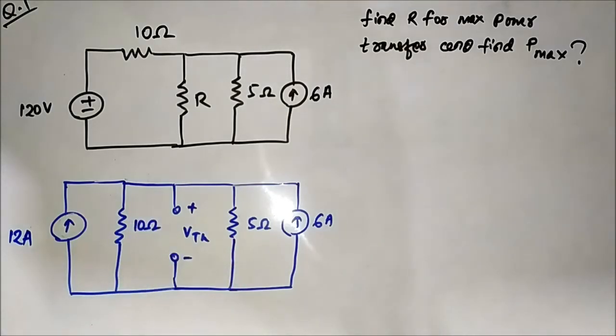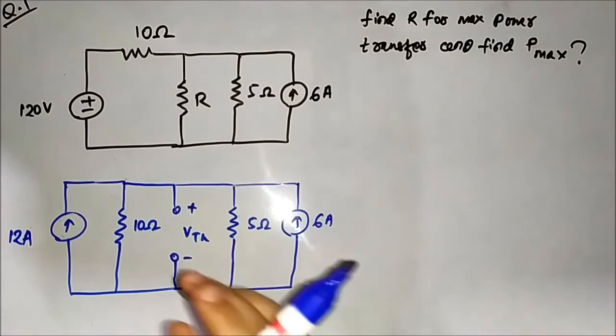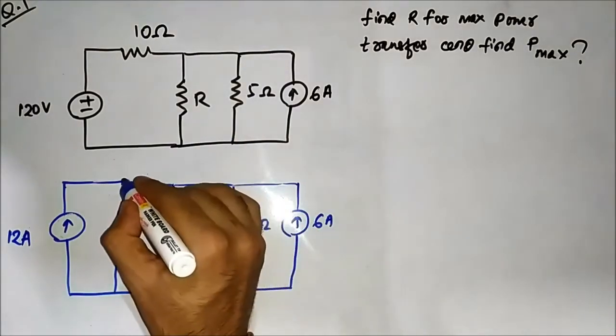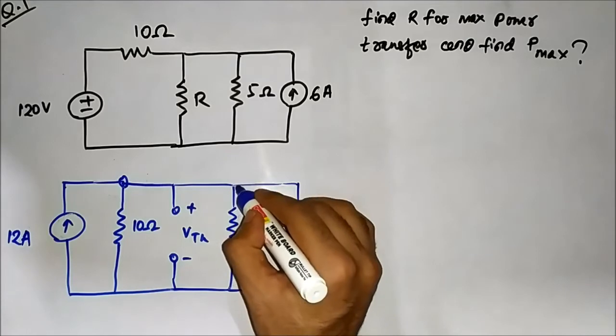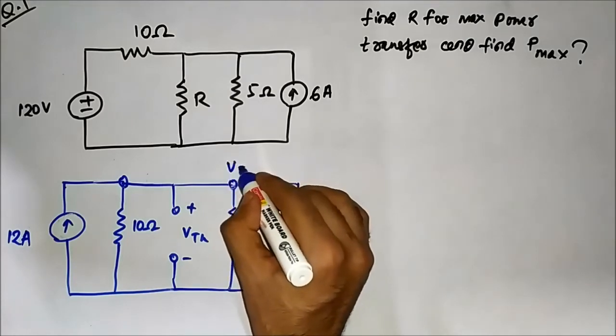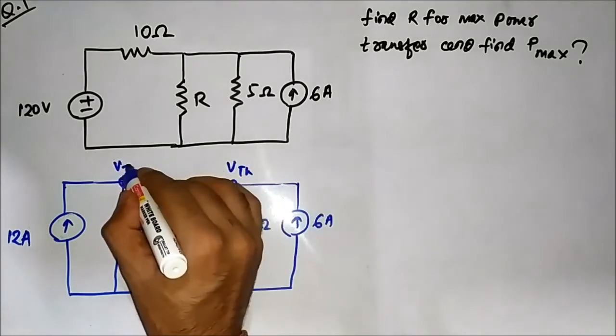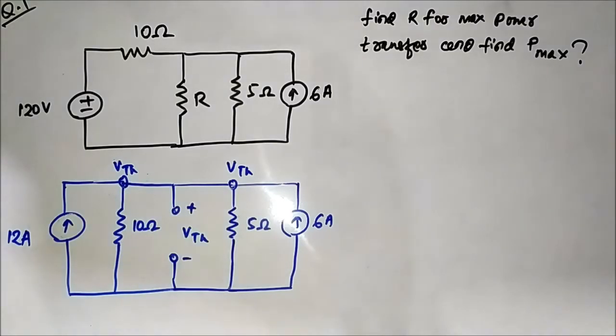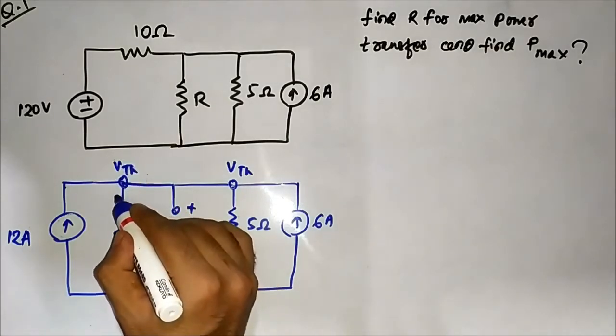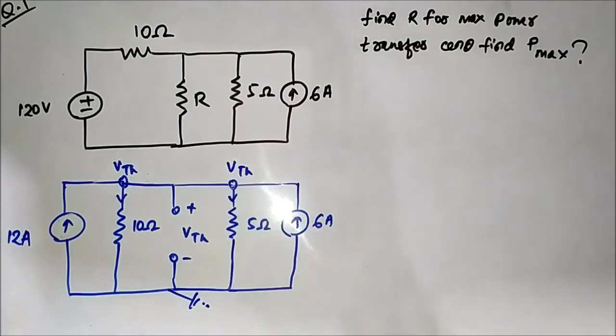Okay, so now we can apply nodal analysis here. All these nodes are at VTH potential. The voltage here is equal to VTH because there is no resistor in between, so no voltage drop. So let us assume that the currents here are flowing downwards.